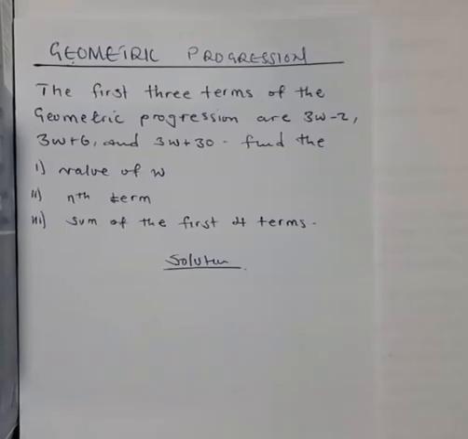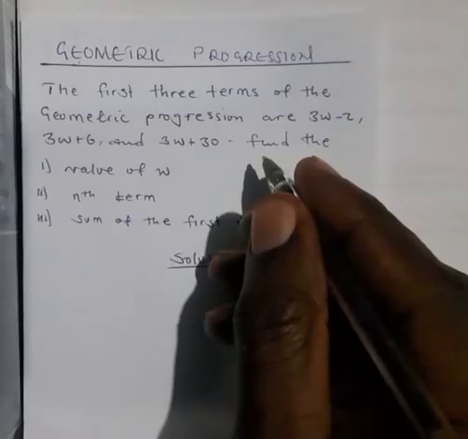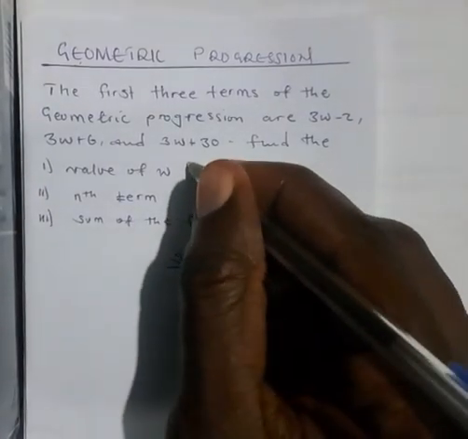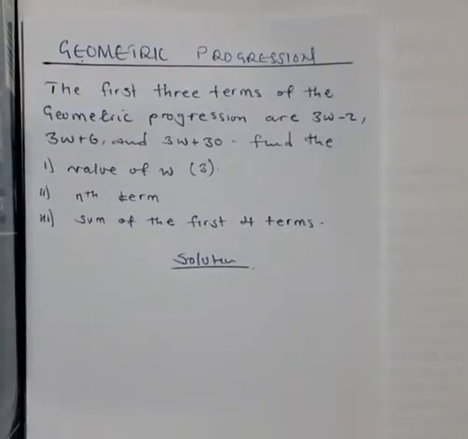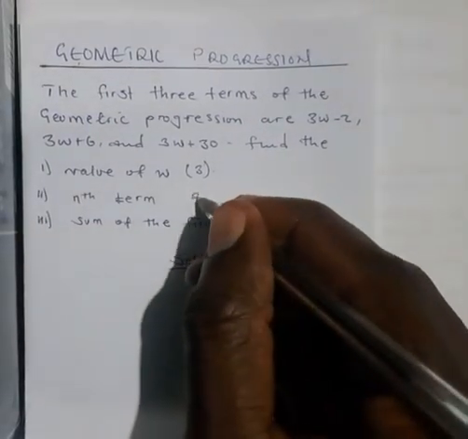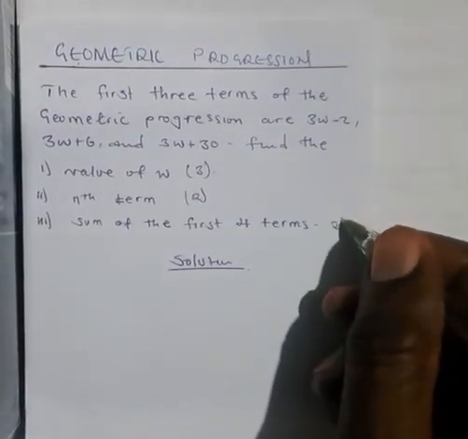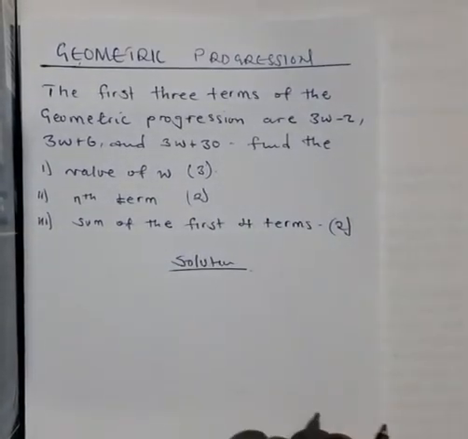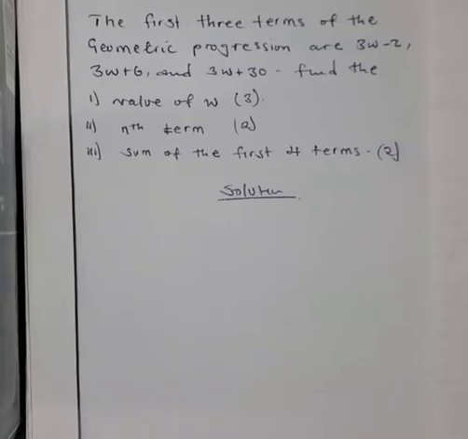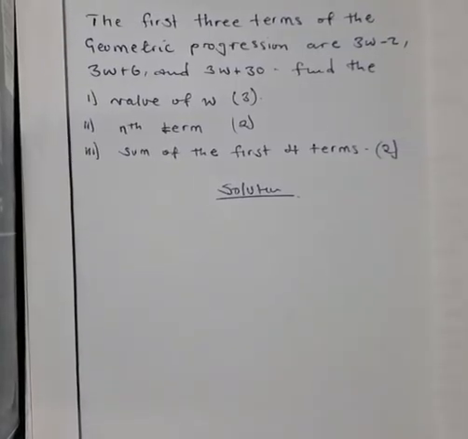Find the value of w. As a motivation, they put 3 marks here and 2 marks there. Imagine getting 7 marks in one topic. We won't leave this one. Let us get to it.